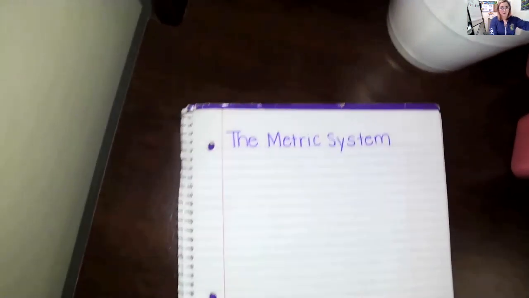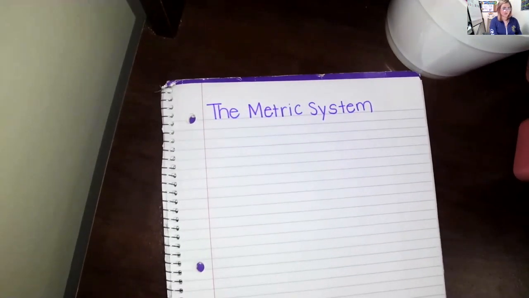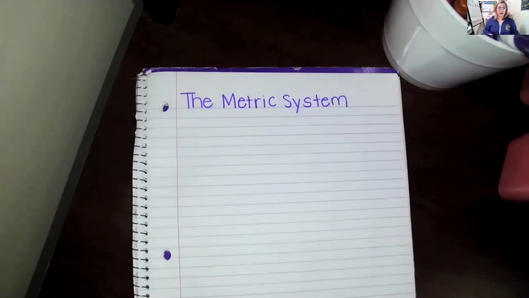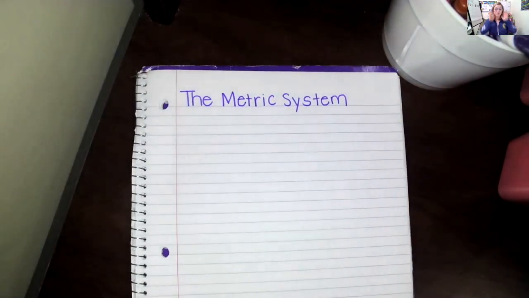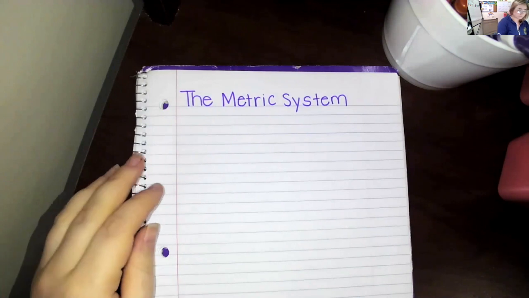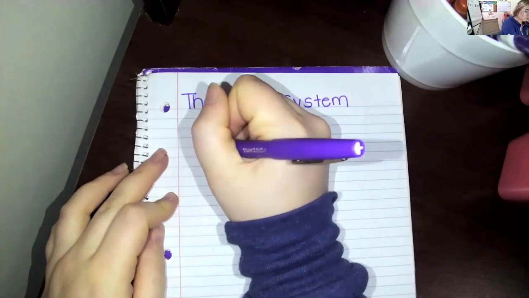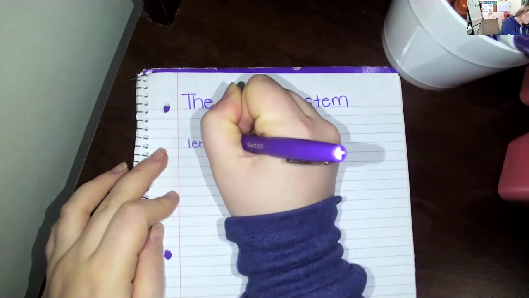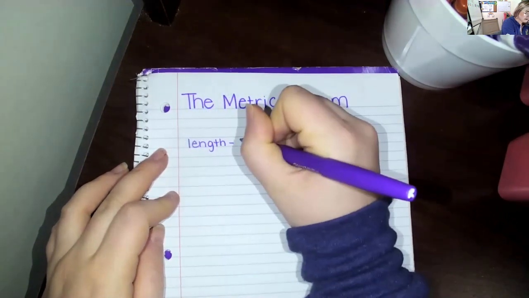So you should have your notebook, and please title it The Metric System, okay? So the metric system, again, is broken up into 3 base units, okay? So the 3 base units that we talk about are going to be, for, let's talk about length, right? Length, we have meters.